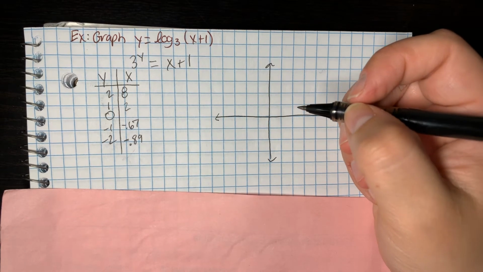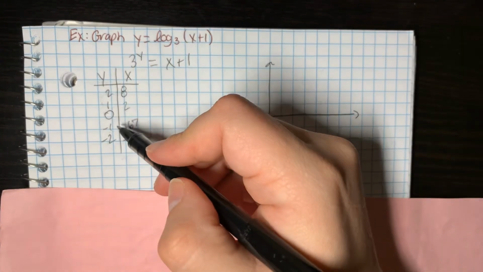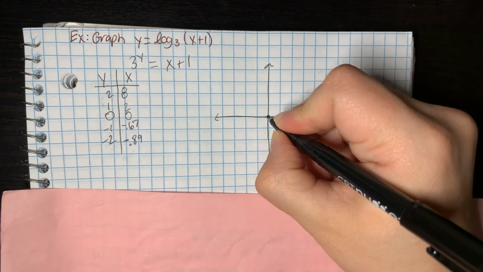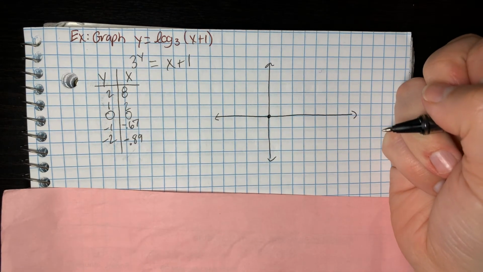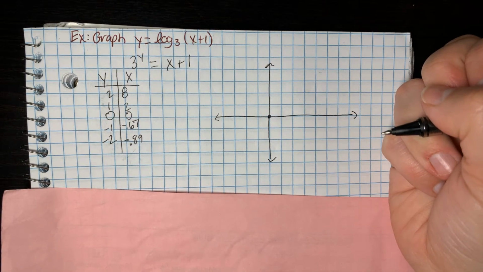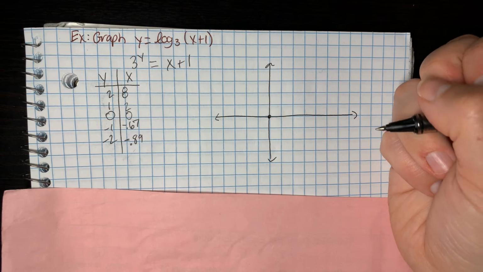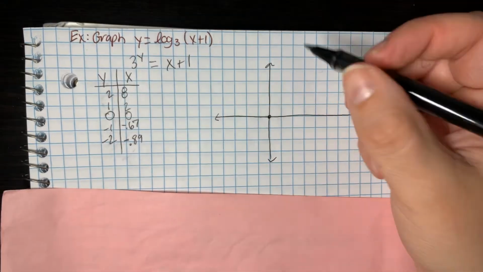You could have done that in a different way. Oh, if you plug in 0, you get 0. So 0, 0 is your first point. Your next point is going to be 2, 1.